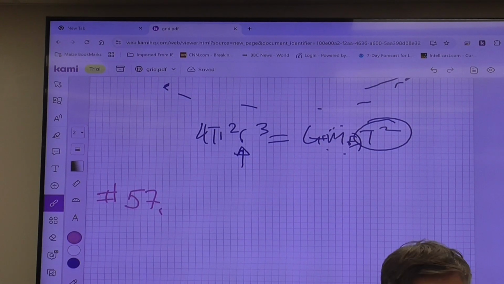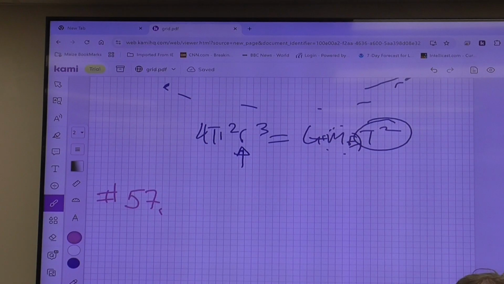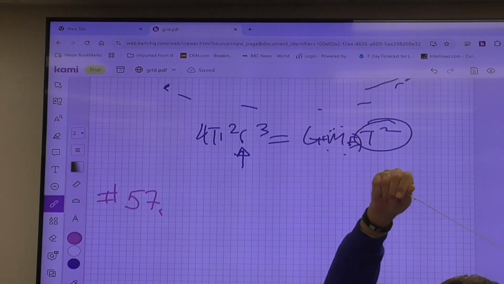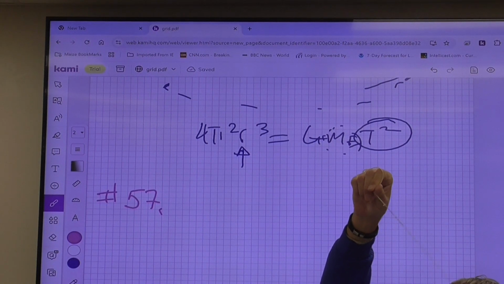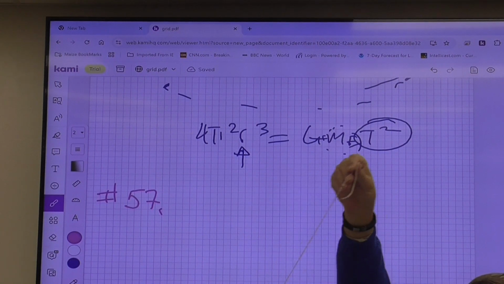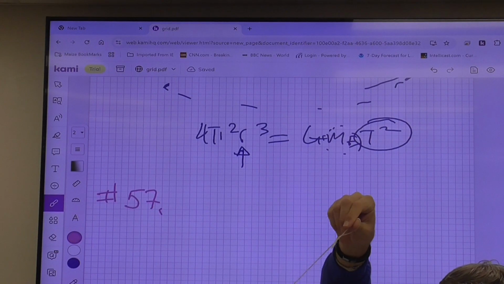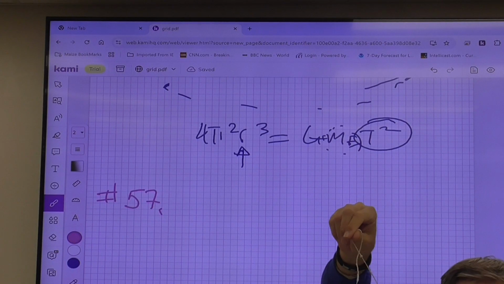This is what we call a conical pendulum. On a conical pendulum, instead of just going back and forth in the same plane like this, it's going around in a circle like this. That's what you've got going.